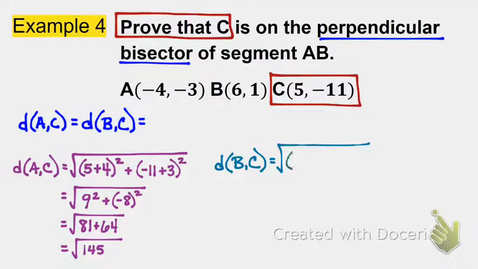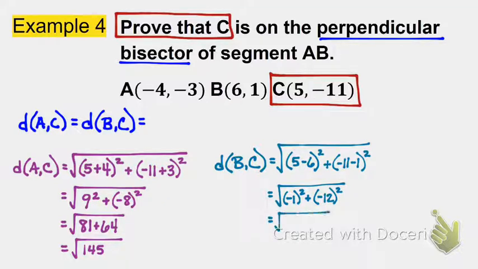So I would have 5 minus 6 squared plus -11 minus 1 squared. 5 minus 6 would give me what? -1, and then we're going to square it. -11 minus 1? -12, and then I want to square it. -1 squared is how big? 1. Plus -12 squared.